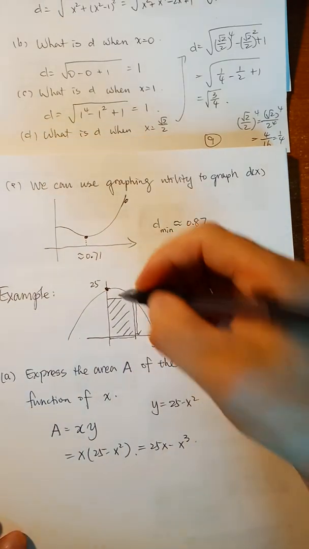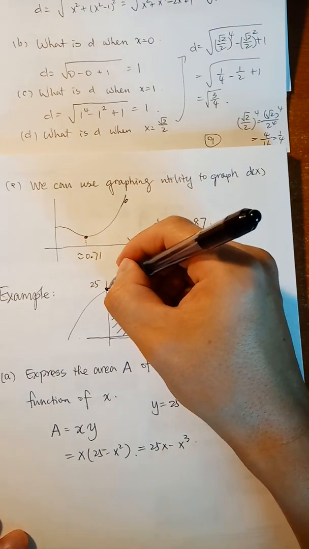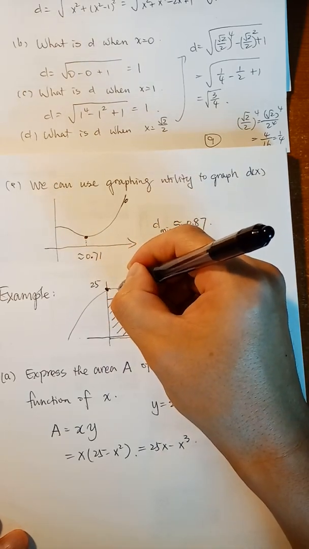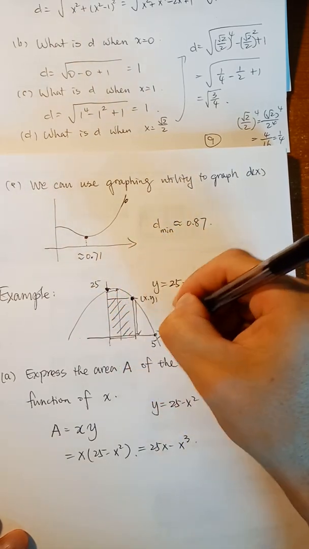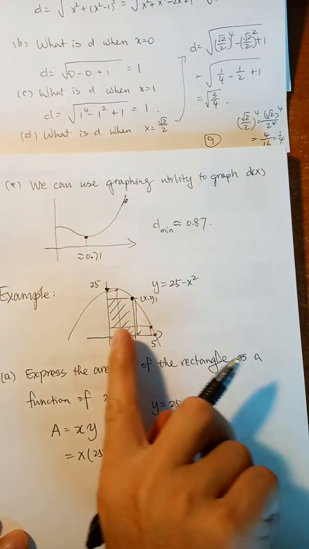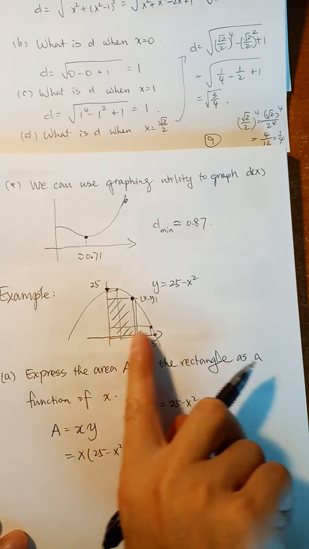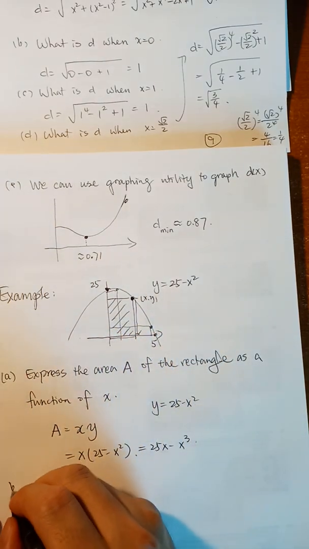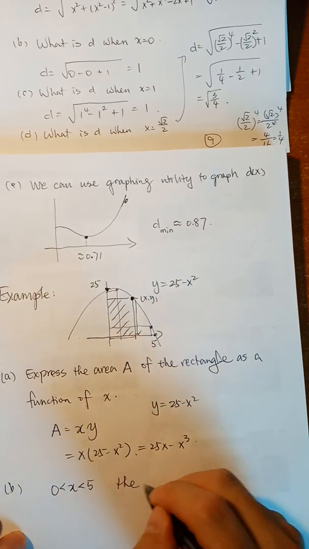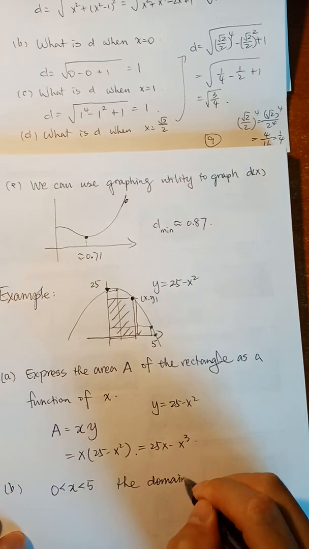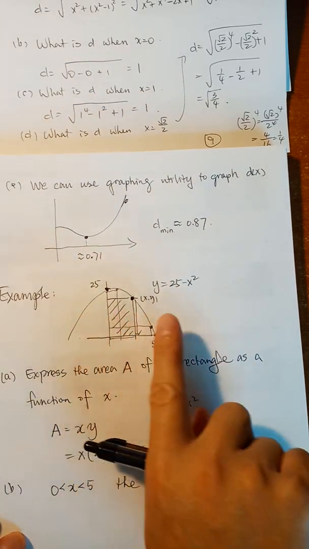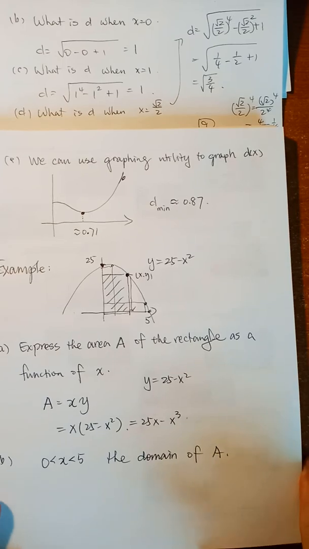And you see here, in order to form a rectangle, we only allow the point to be on this part. If you have a point here, you have this kind of rectangle. You have a point here, you have this kind of rectangle. So x should be between 0 and 5 to have a rectangle.